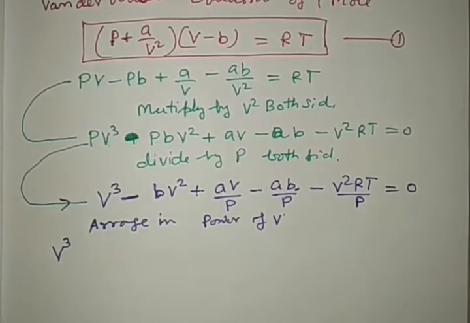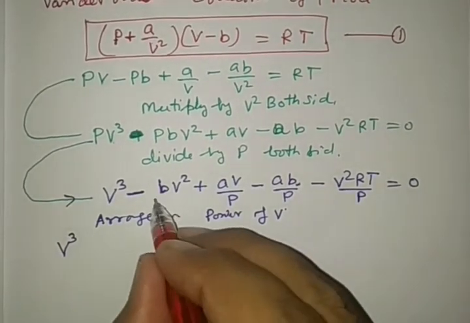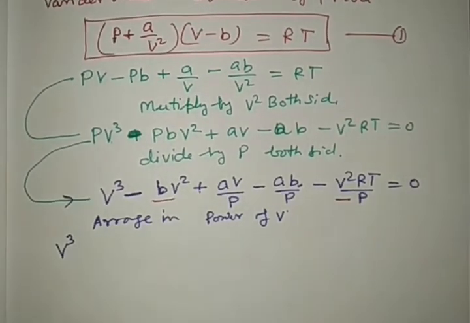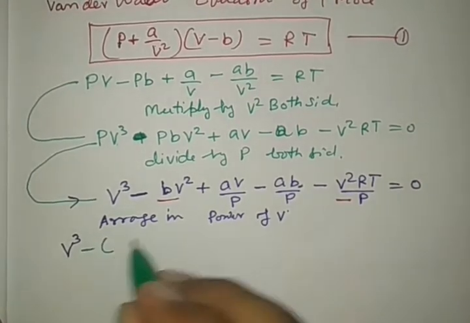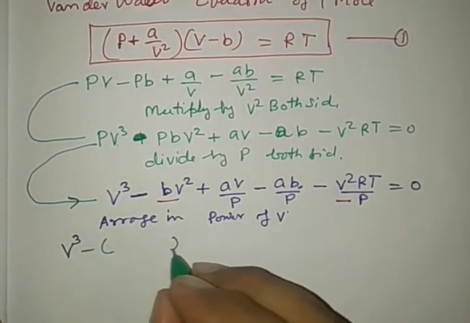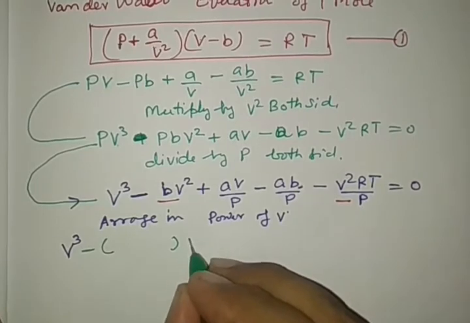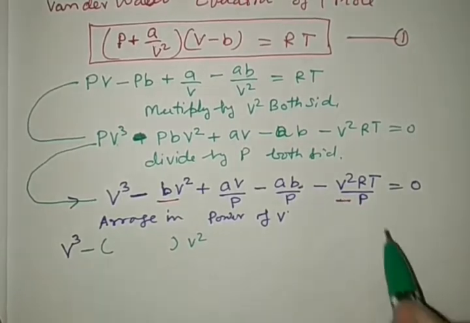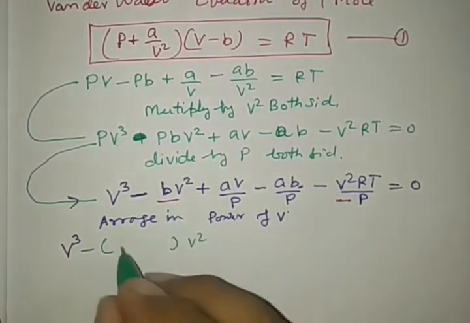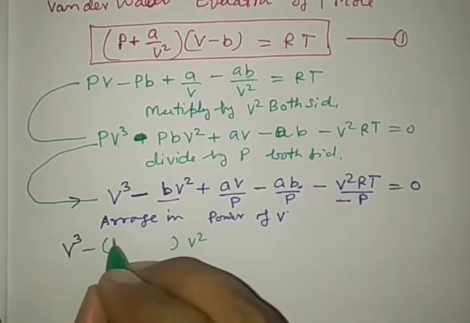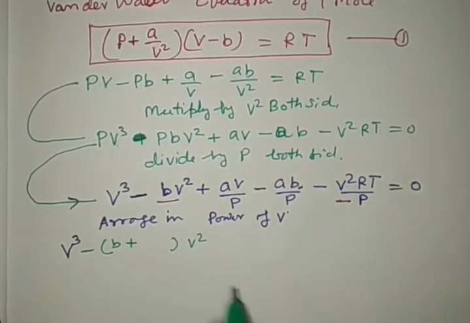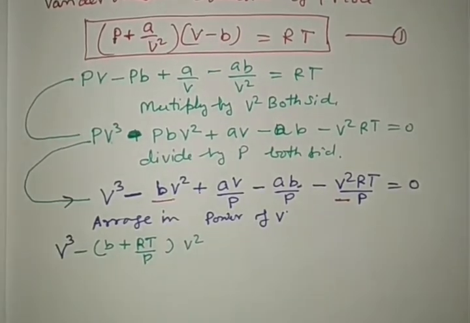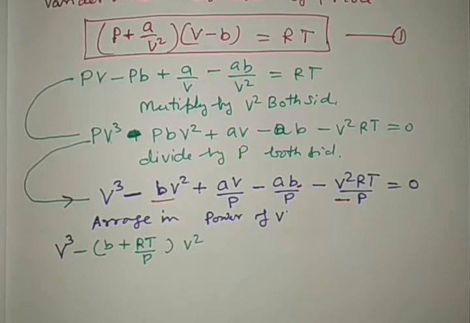Now for V², these two terms are both minus, so we may take minus as common, and V² is common in both terms. So it becomes V²(b + RT/P).